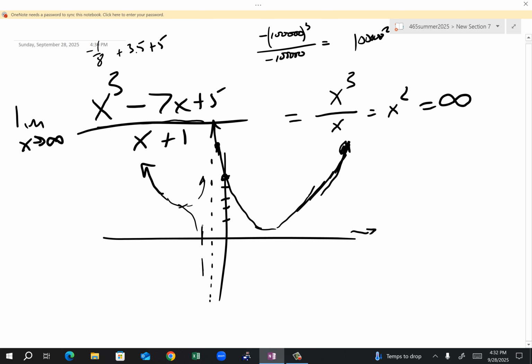Again, we said -1. What about -2? -2 cubed is -8 plus 14 plus 5 over -1. So that's 11 divided by -1 is -11. Judas Priest, I bet it's doing this. And you can see that from the graph.